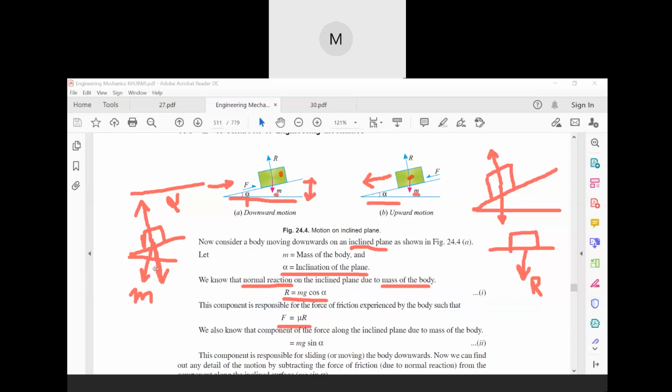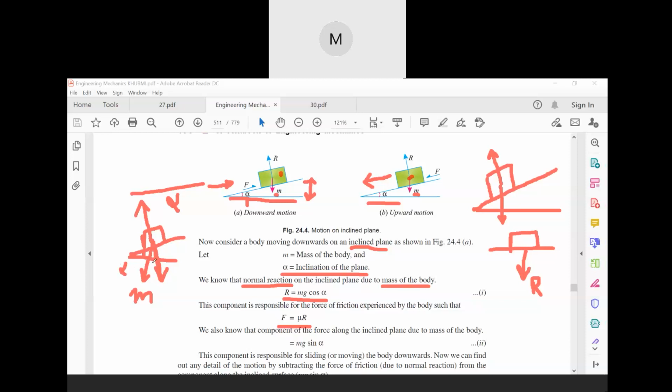Right, this one is the opposing force. Now we can write this M, this is alpha, right? This angle, that small angle between these two, this is alpha.